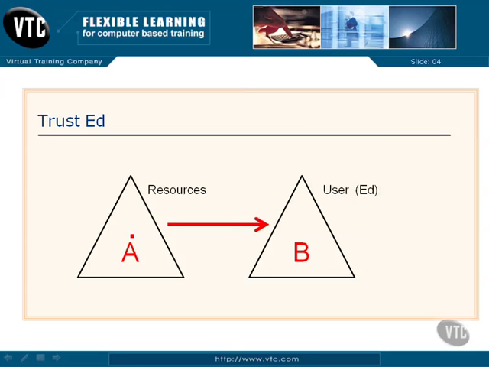Here's the answer. A is trusting B. The users in B need to get to resources in A, and notice it sounds like users need to get to resources. You would think it would go this way, but that's not the way it goes.